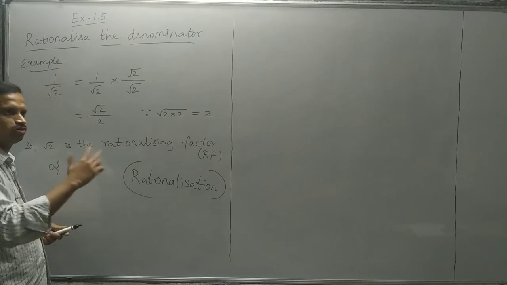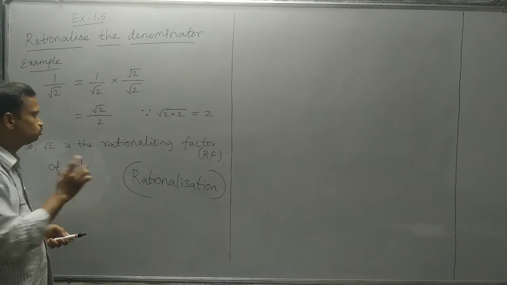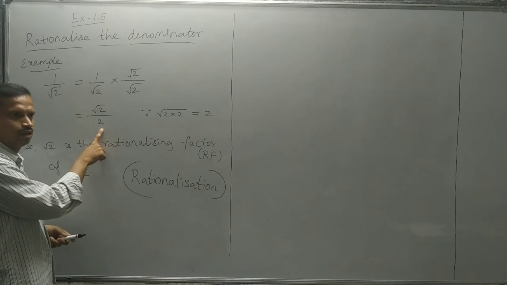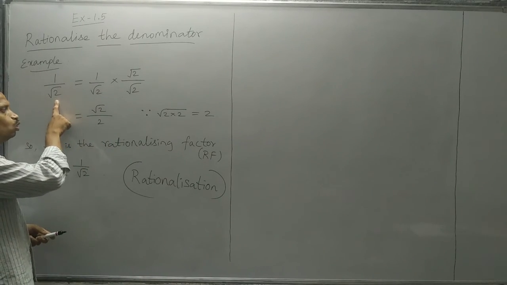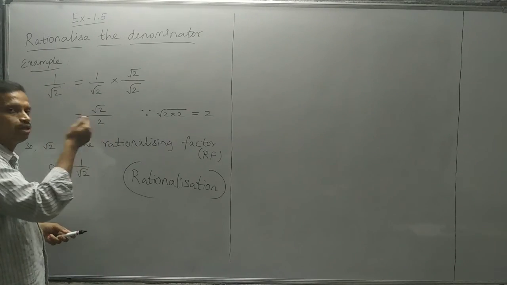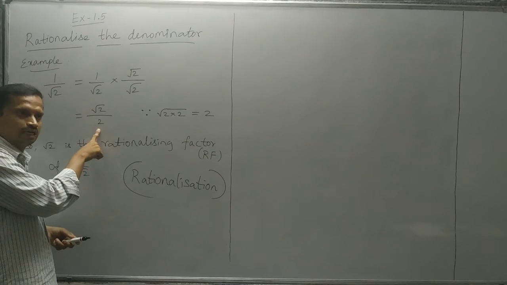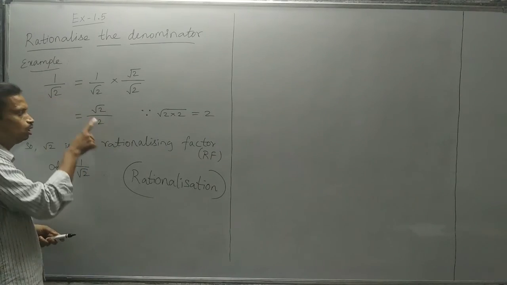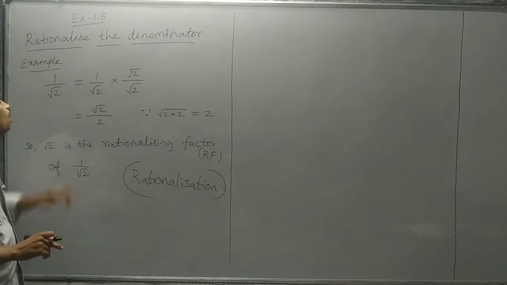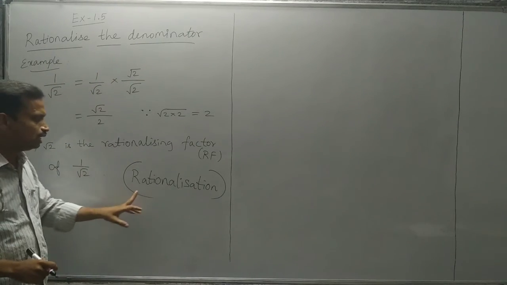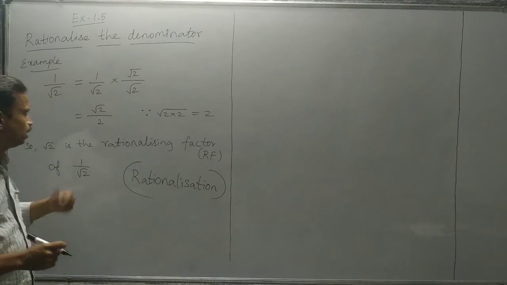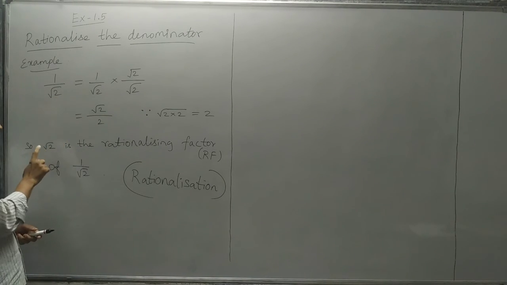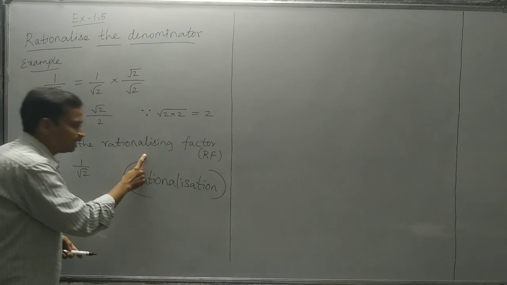So the square root of the same number, root 2 into root 2, is 2. Now 2 is rational. So 1 by root 2 is equivalent to root 2 by 2, and now the denominator becomes rational. Irrational to rational. So this is called rationalize the denominator, or simply rationalization. And now we have to note some points. Root 2 in this problem is the rationalizing factor.